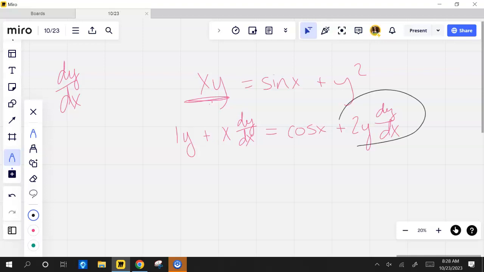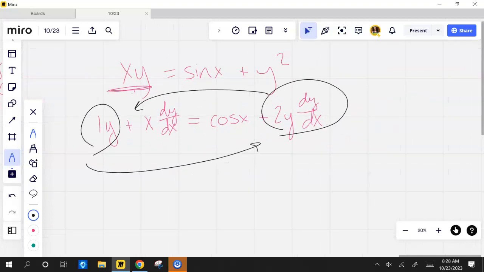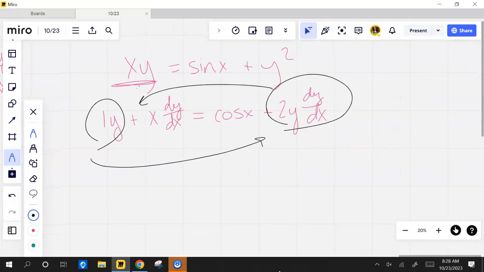So I think I shall move this one over here and this one over here, so that I have x dy dx minus 2y dy dx equals cosine x minus y.